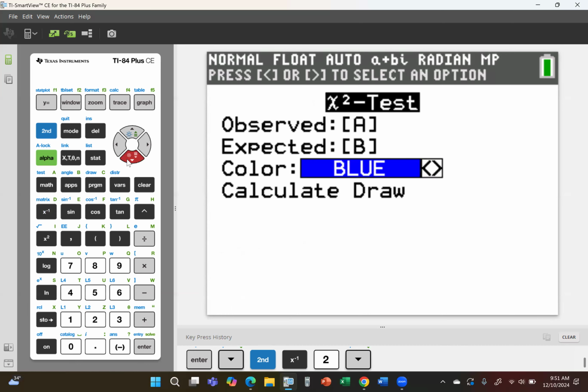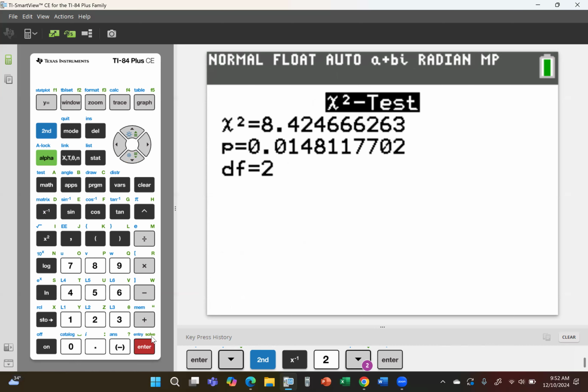So now we're going to calculate. And what's our chi-squared statistic? Is it 8.42 to 2 decimal places? And it did calculate the degrees of freedom for us. Why is the degrees of freedom 2?